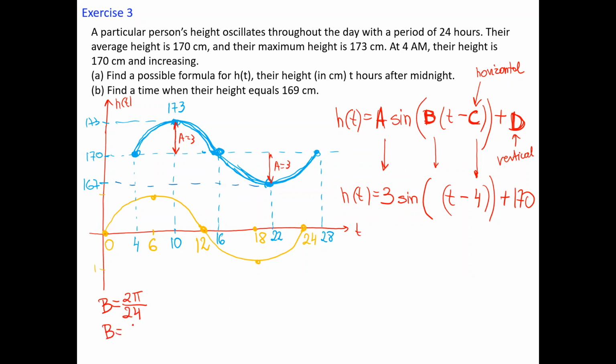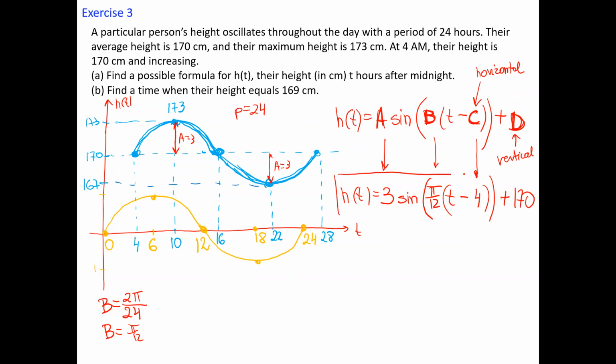This means the quantity B is pi over 12. We divided by 24, which means 24 was our period.